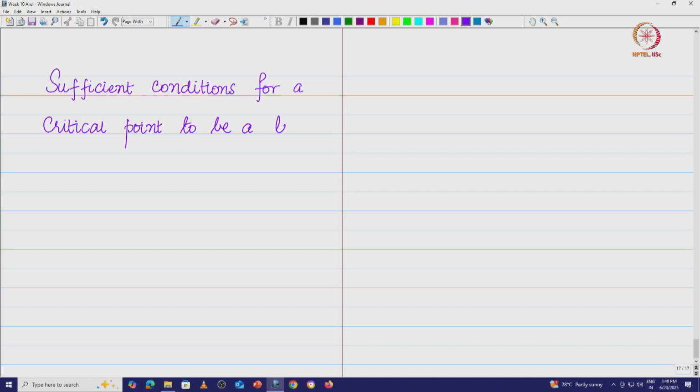The sufficient conditions for a critical point to be a local maxima or a local minima.